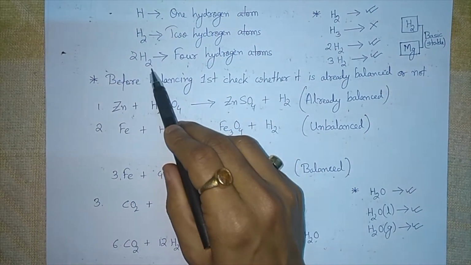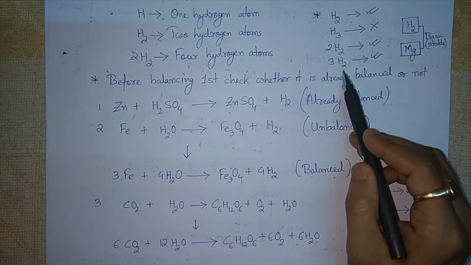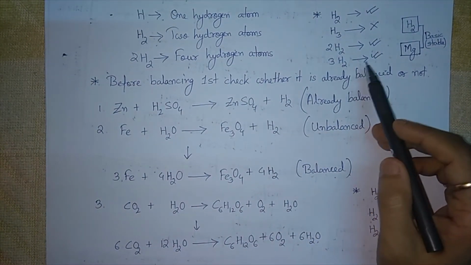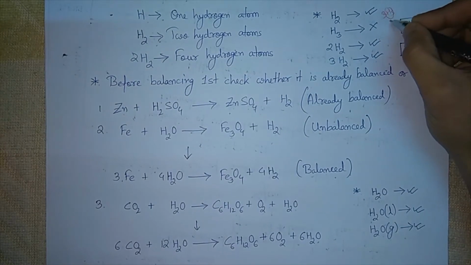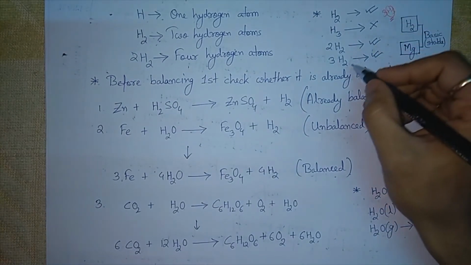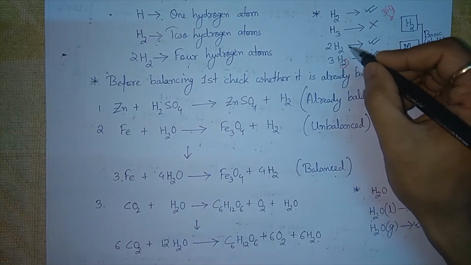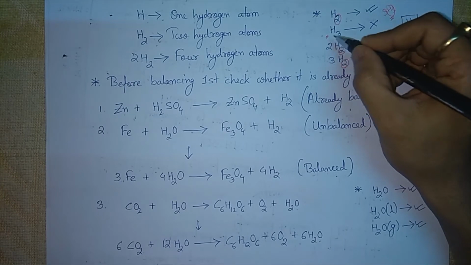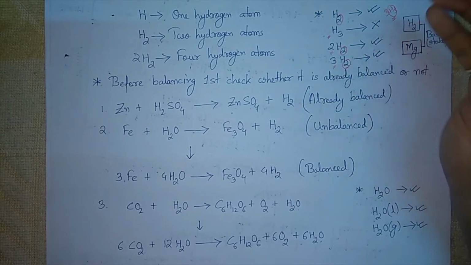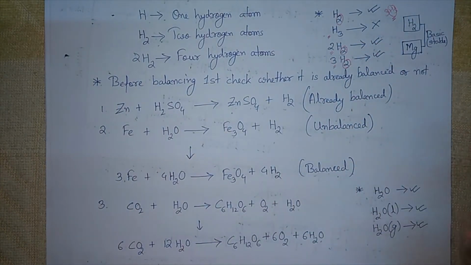So I can write 2H2, I can also write 3H2. It is also possible. But I can never write 3H3 because the problem is with H3. That means we cannot change the subscript number. It is fixed. We can change the number on the left-hand side.